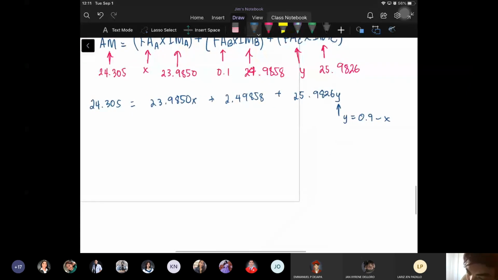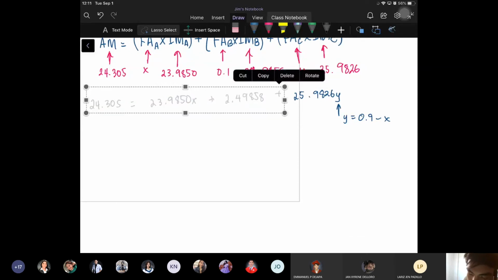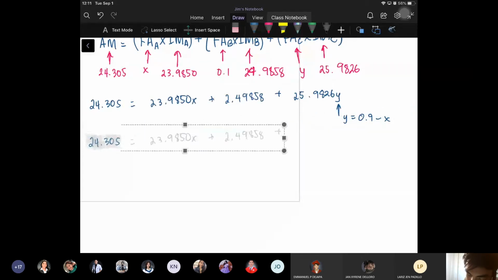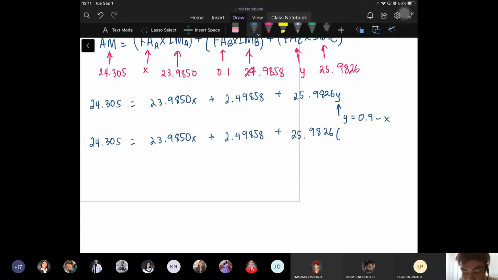So, let me copy the other parts first. Paste. Okay, so that's 25.9826 times... What is the value of Y now?